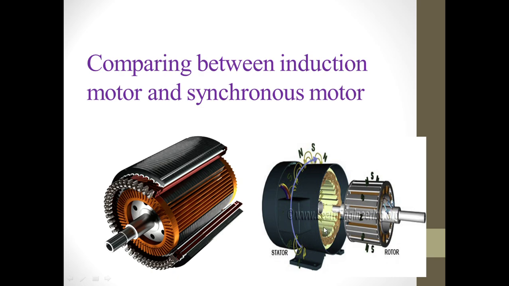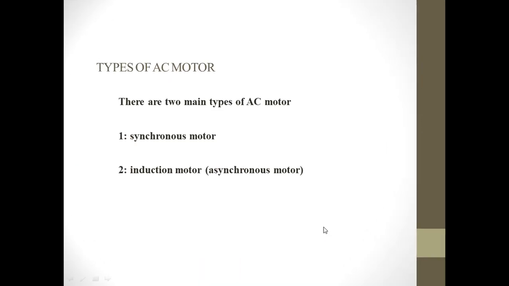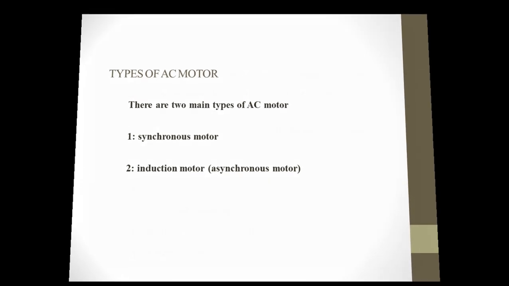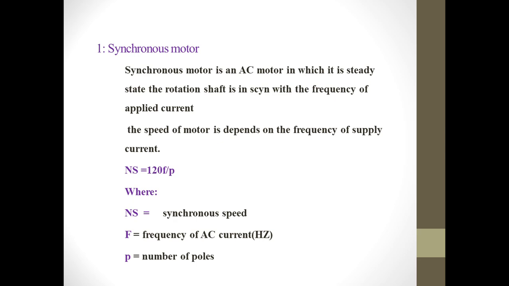So in the AC system there are two types of motor. One of them is the synchronous motor, and number two is the induction motor, which is known as the asynchronous motor. Number one, the synchronous motor is one of the AC motors in which there is a steady state rotation.